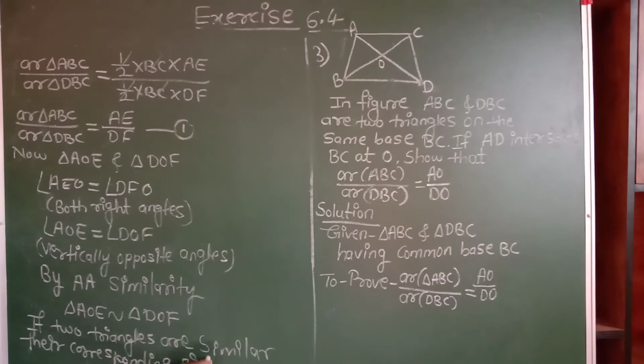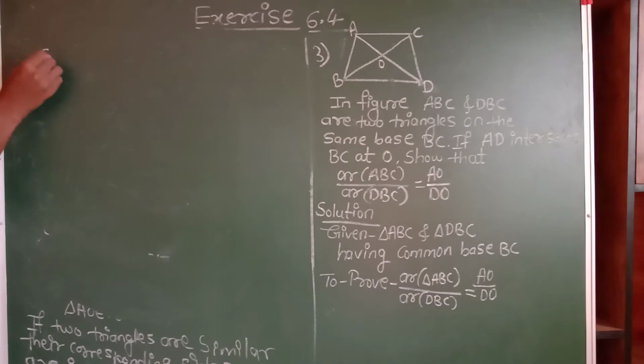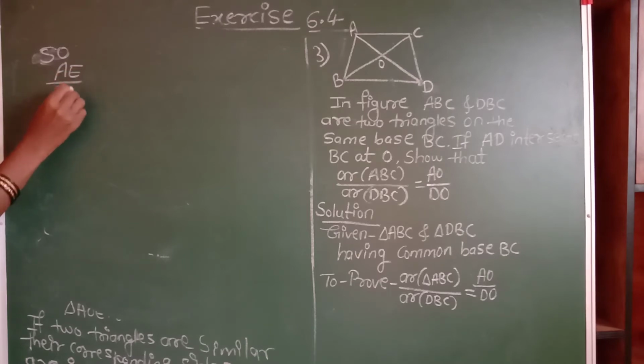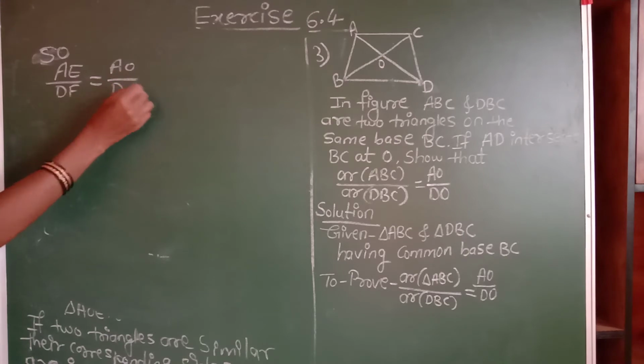So we can write AE by DF is equal to AO by DO.